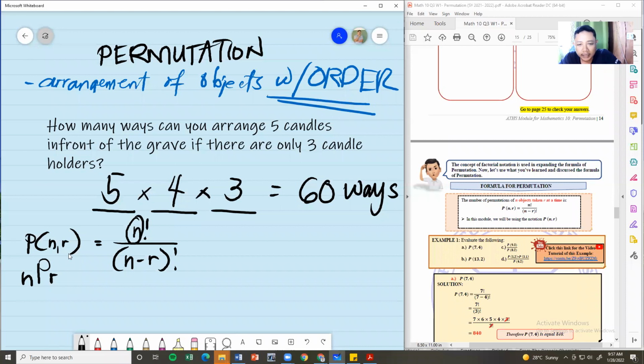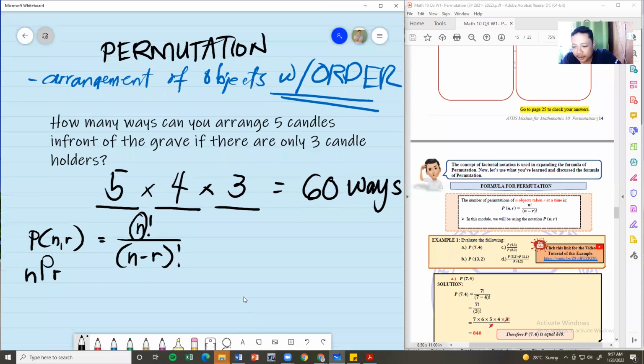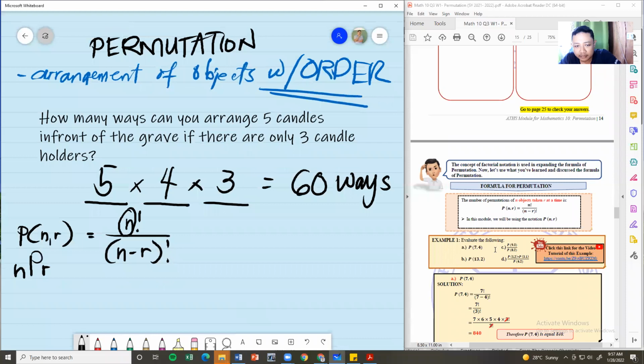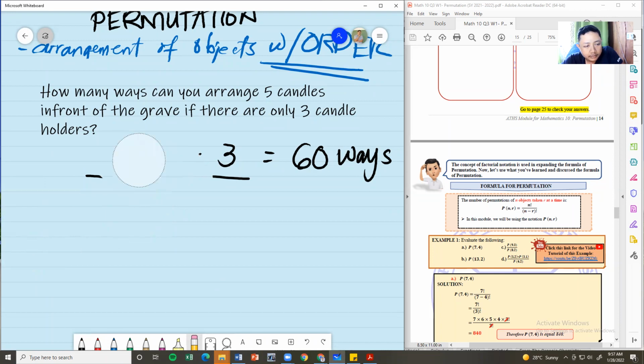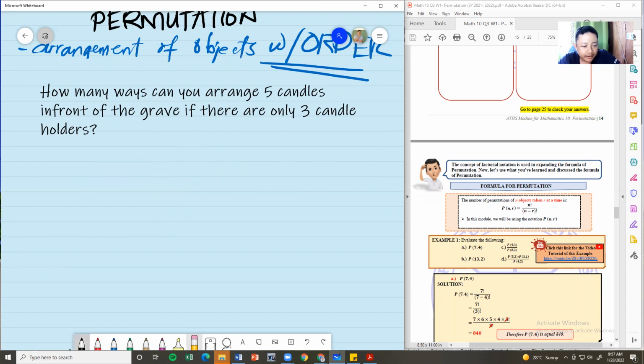So, in here, when we apply this in the formula, let me erase this now. Okay, so by using our formula, we have nPr or PNR.